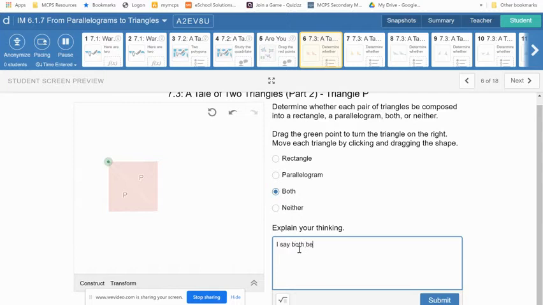I say both because a rectangle has four 90-degree angles and a parallelogram has two sets of parallel lines, which I see in that.